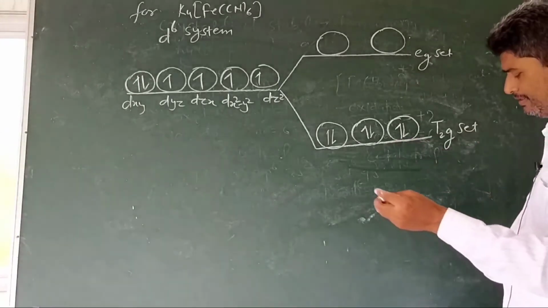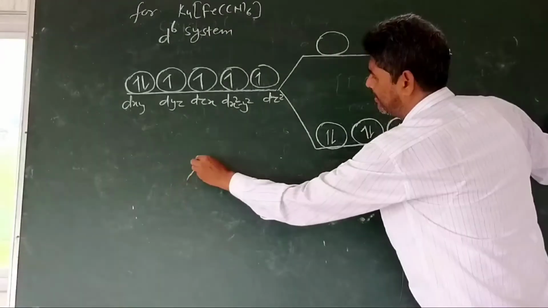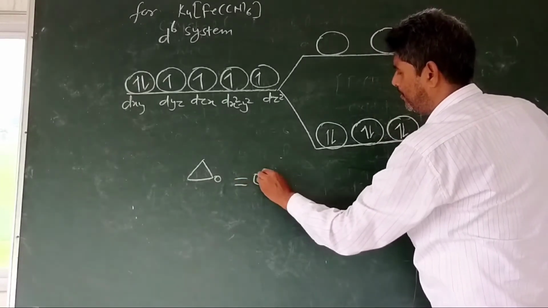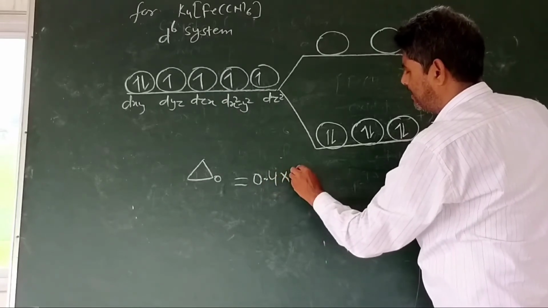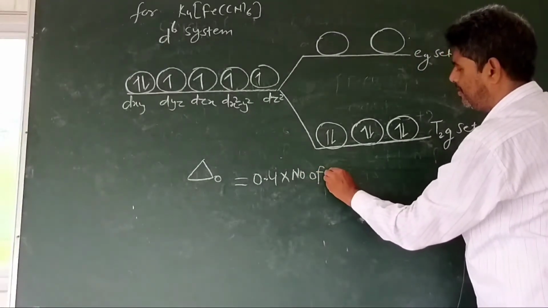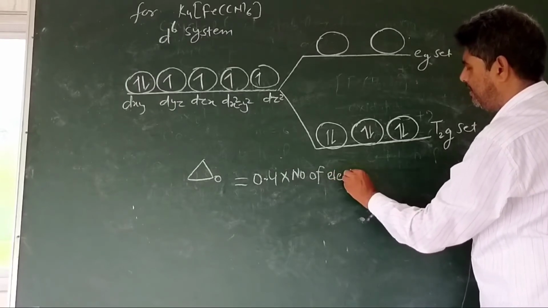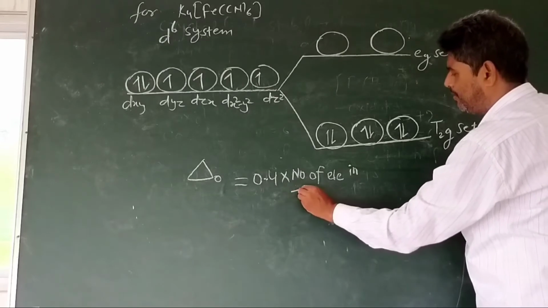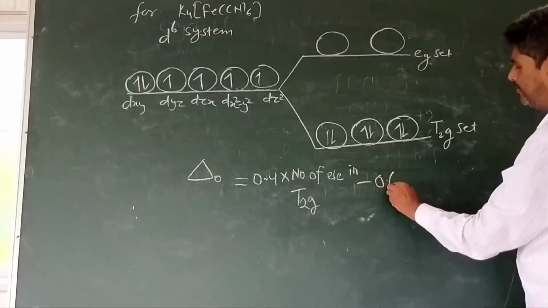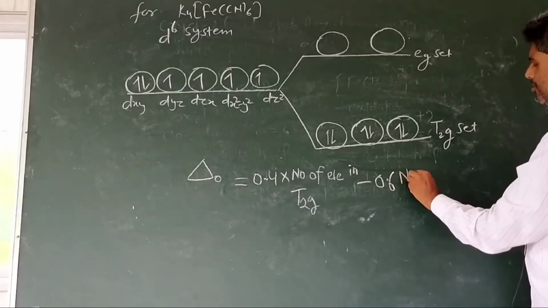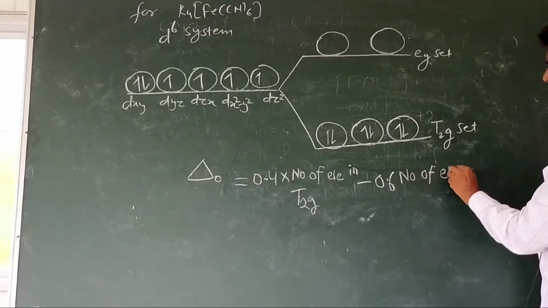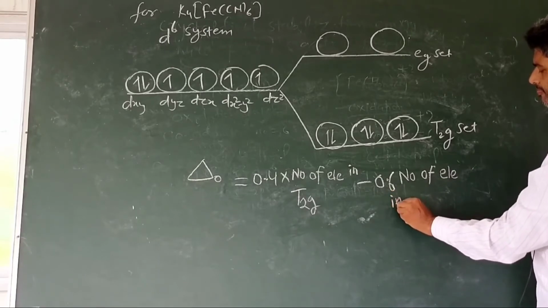After this, we will calculate the crystal field stabilization energy for the octahedron, Δo. CFSE equals 0.4 times the number of electrons in the T2G set minus 0.6 times the number of electrons in the EG set.